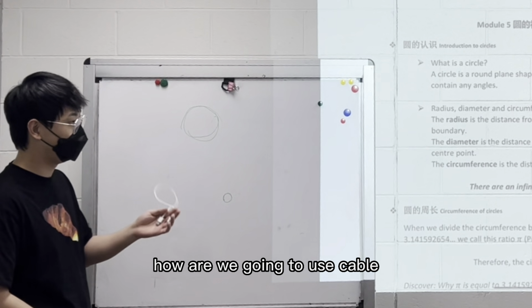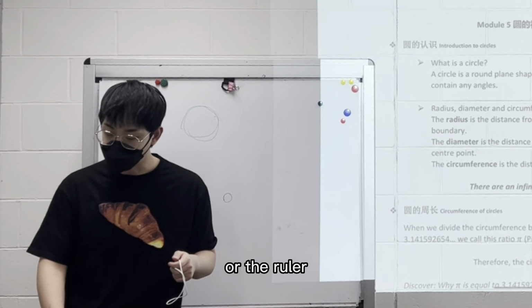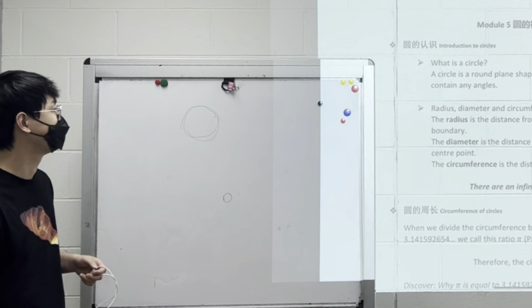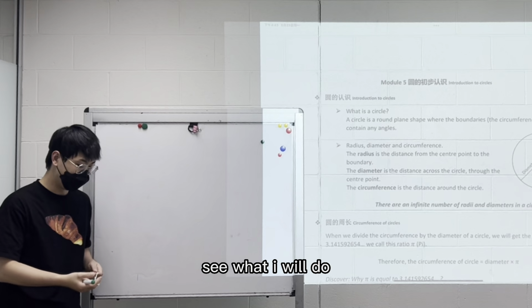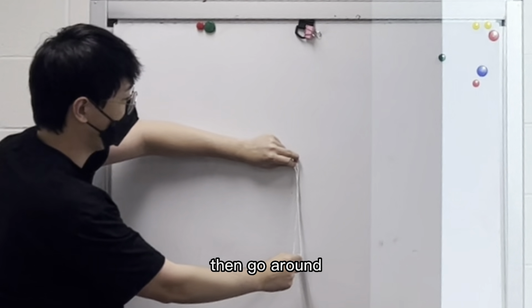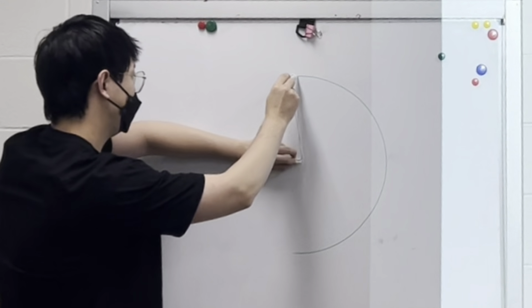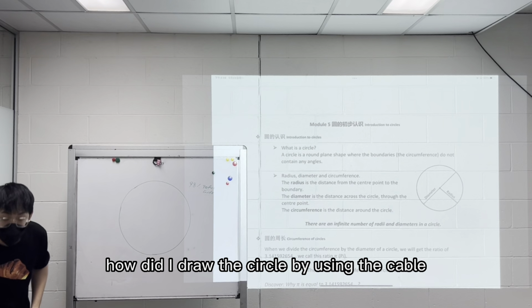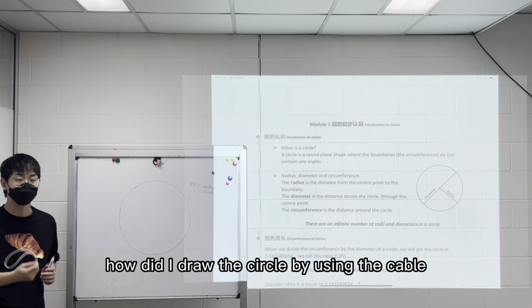I'm going to use the cable or the ruler to draw a perfect circle. See what I will do. I'll just use the cable here, then go around. How did I draw the circle by using the cable?